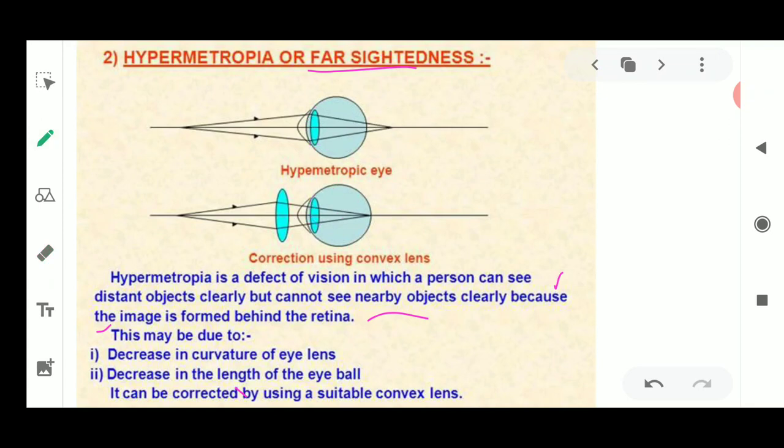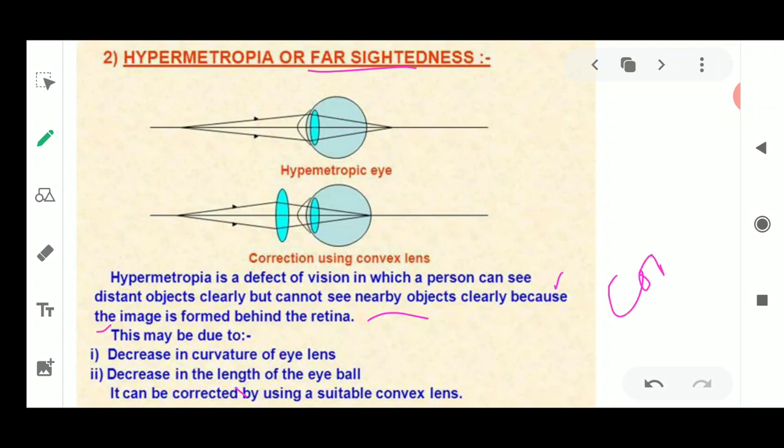Okay, next is how it is being corrected. It is going to be corrected by a suitable convex lens. Previously we discussed that the lens correcting myopia was the concave lens.